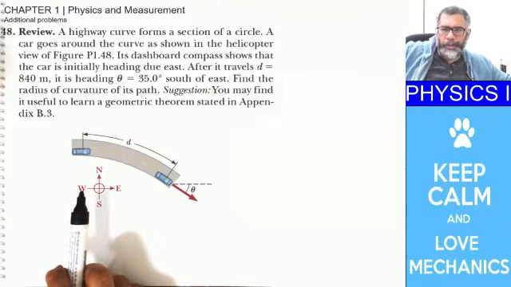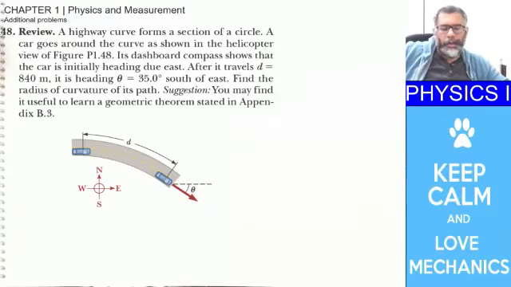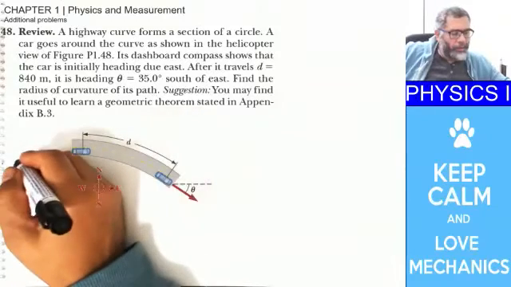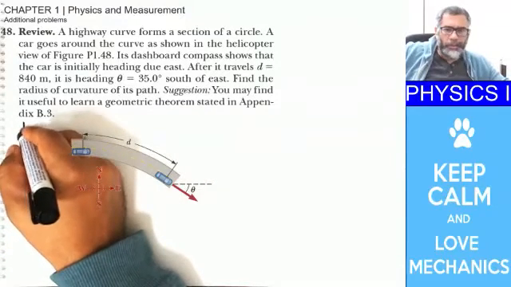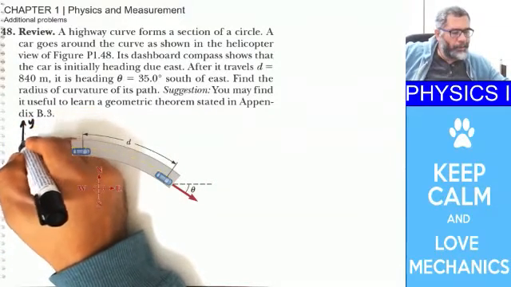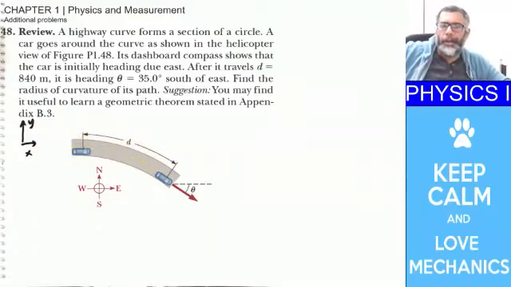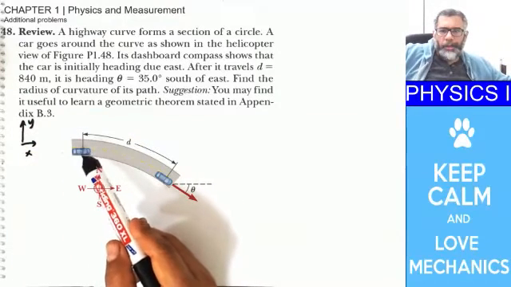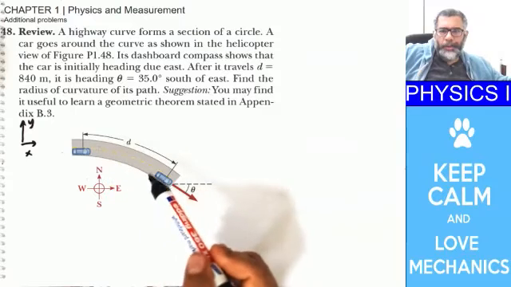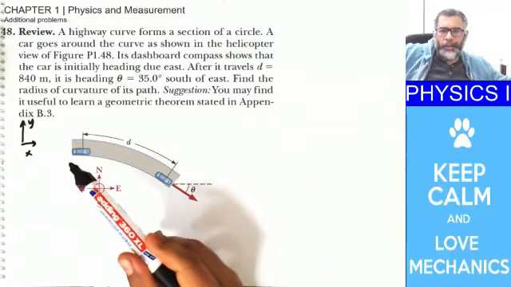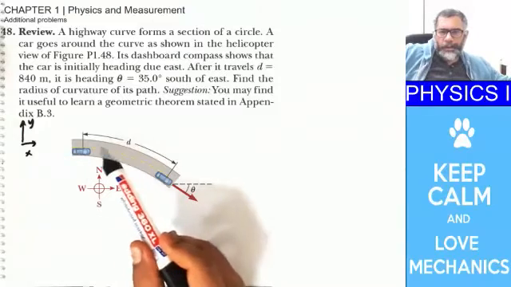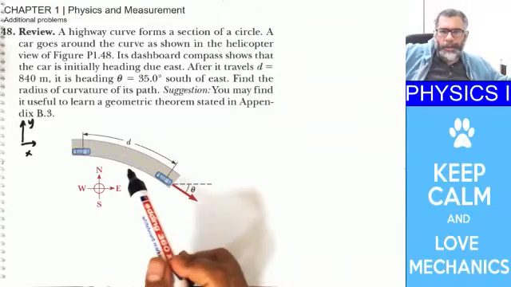West is the negative x direction, and south is the negative y direction, if you put your coordinate system like this, with y and x. So what it tells us is that the car is going from this point to this point on the road, but this section of the road is a perfect circle, the problem says.